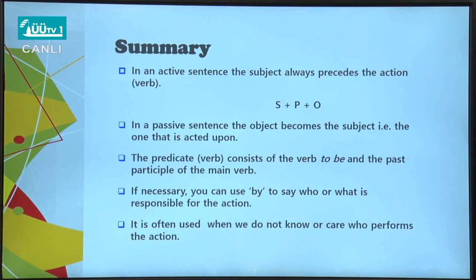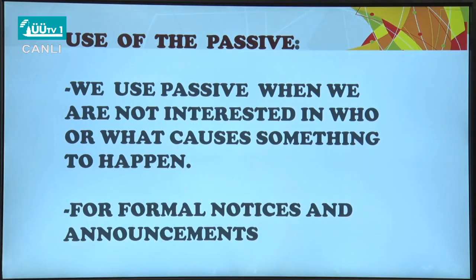The predicate verb consists of the verb to be and the past participle of the main verb. So always to be verb plus past participle of our main verb. And then if it is necessary, you can use by to say who or what is responsible for that specific action. It is often used when we do not know or don't care who performs the action.